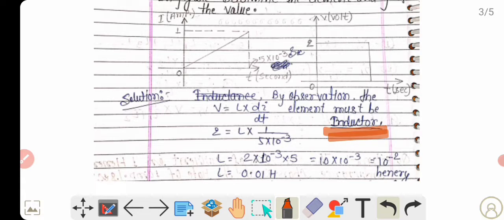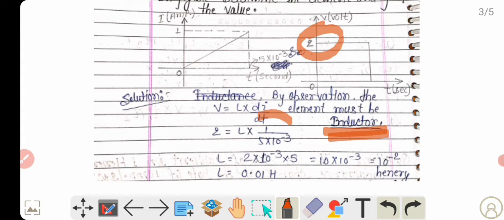Now here we have to find the value of inductance L. As you can see here, the value of di by dt is given, and the value of inductance we have to find out. Here the value of voltage is 2 volt. Now V is equal to L into di by dt, where the value of voltage is 2, L we have to calculate, and the time given is 5 into 10 to the power minus 3 second.